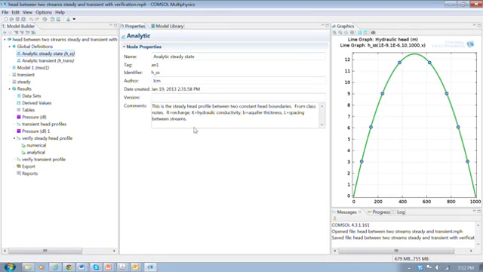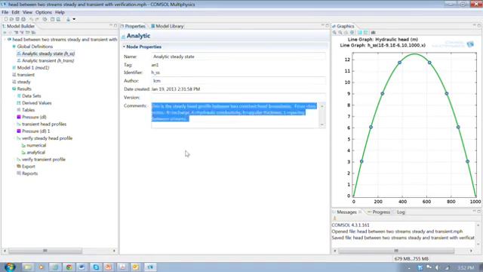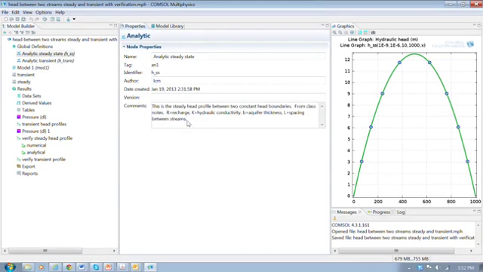So I wrote in a comment that said what this function does. It's the steady state head profile, and it gives what the parameters are. I also put my initials in as the author, and I changed the name so that it was something relevant to this particular problem.